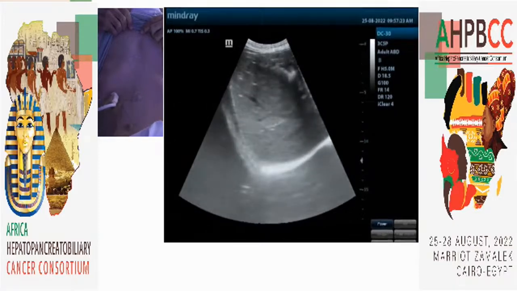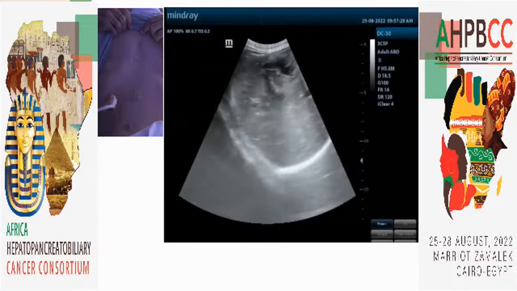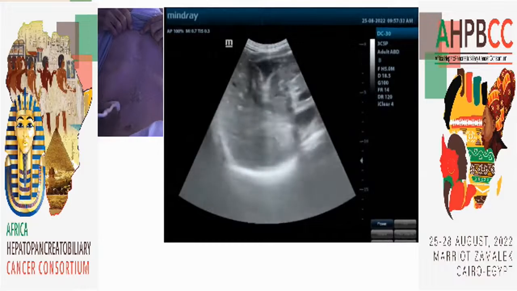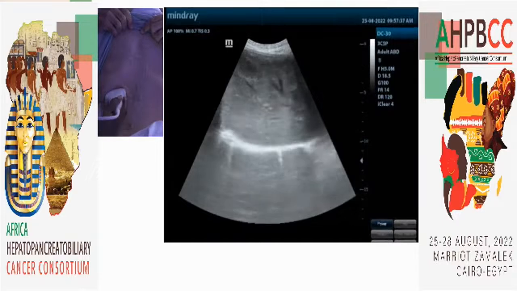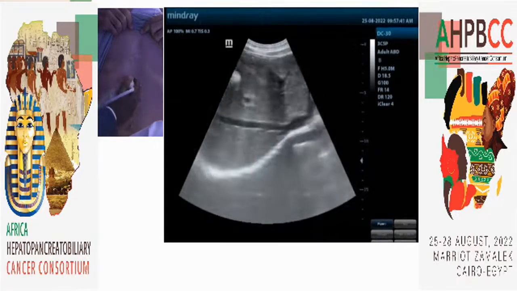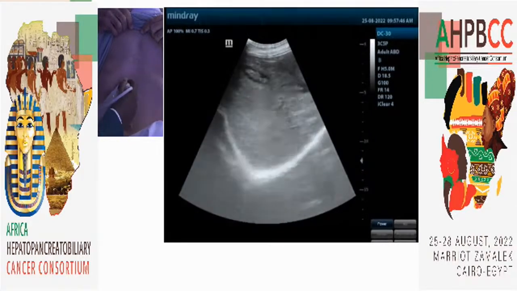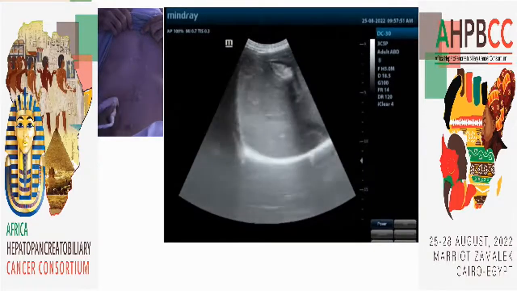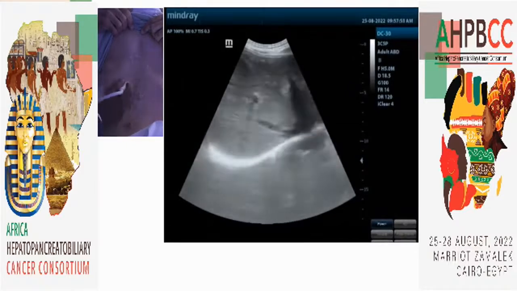Now I am looking closely at segments 8, 5, 6, and don't forget the fanning movement up and down as you go through. And so far, I haven't come across any additional lesion other than the one found in segment 7.